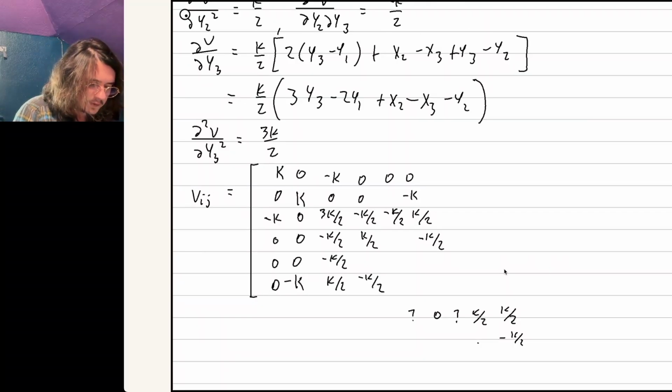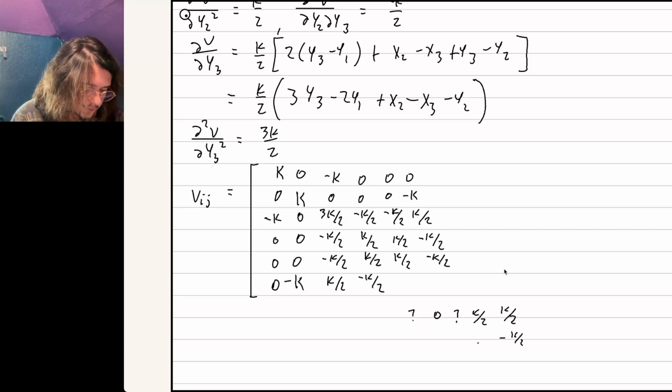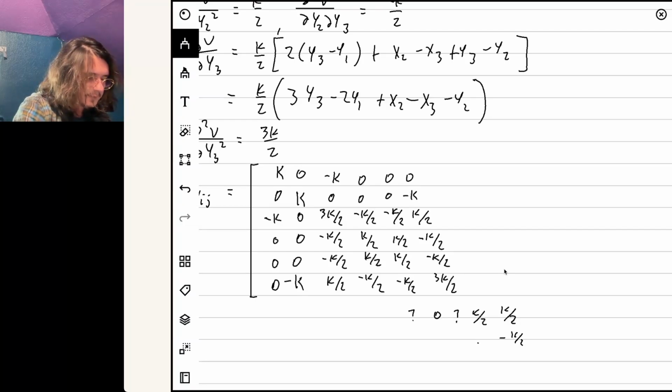So this is 0 after all. This is k over 2. This is k over 2. This is k over 2. This is minus k over 2. This is minus k over 2. And this is 3k over 2. Okay. Very cool.